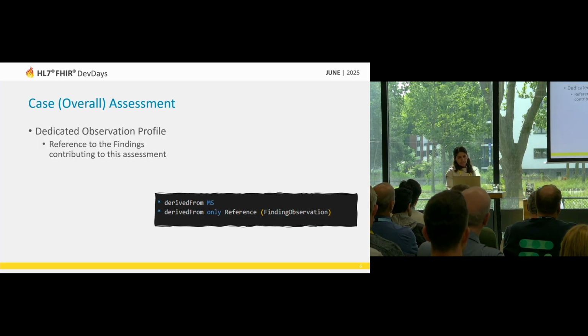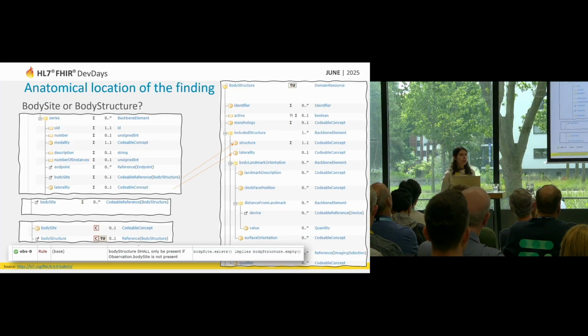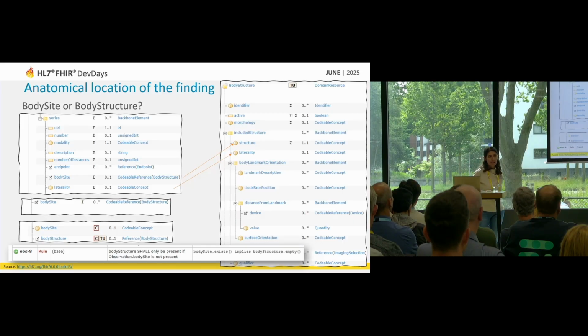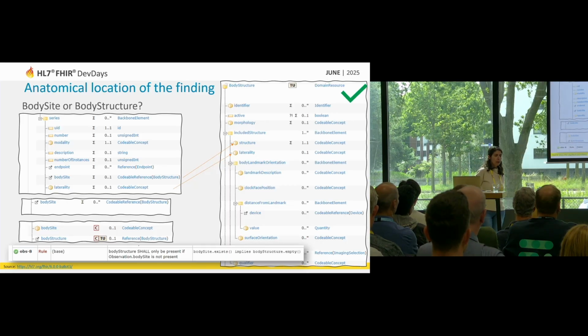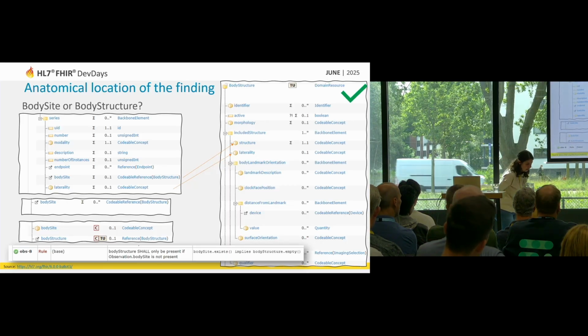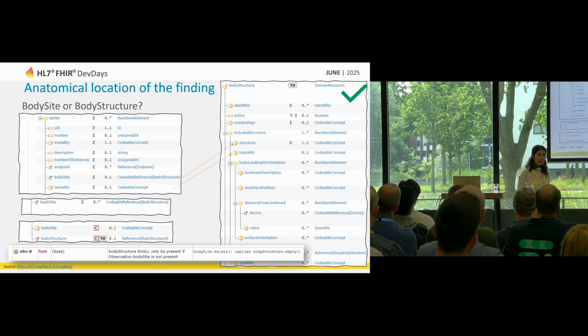Then you need to say where this finding, where this tumor or lesion was located. And if you are in R4 and you go to ImagingStudy, you will only see body site and laterality as a possibility.